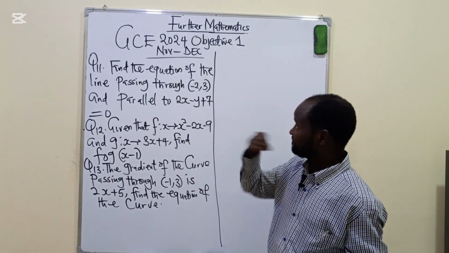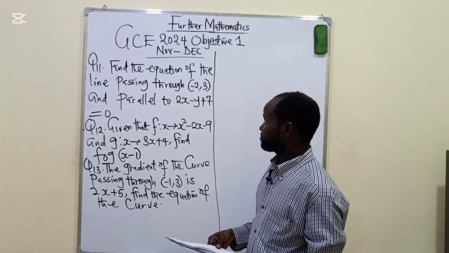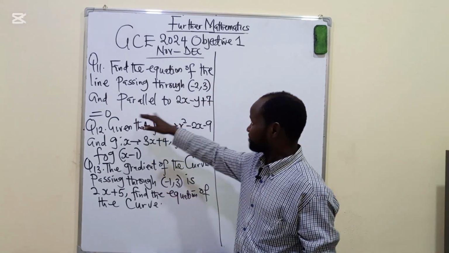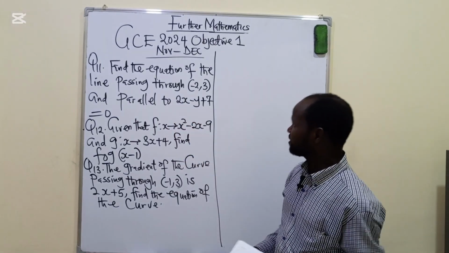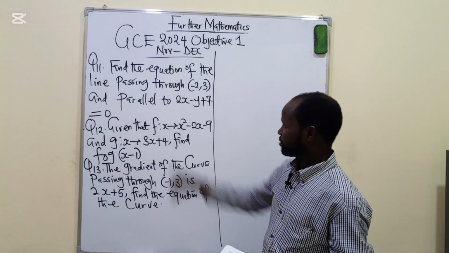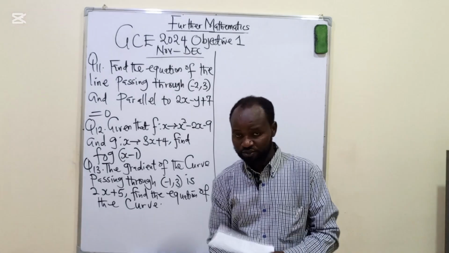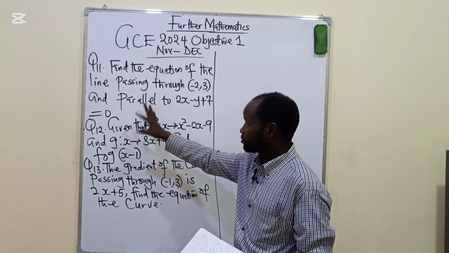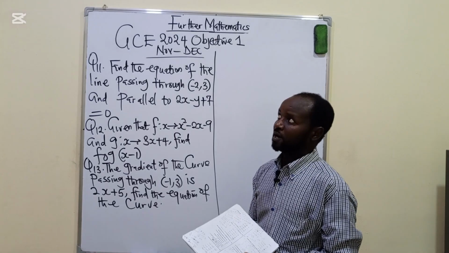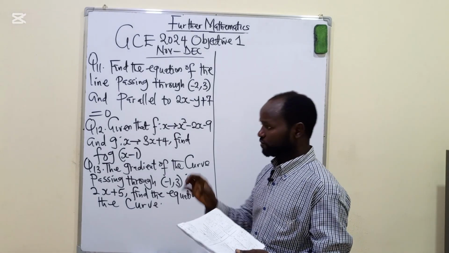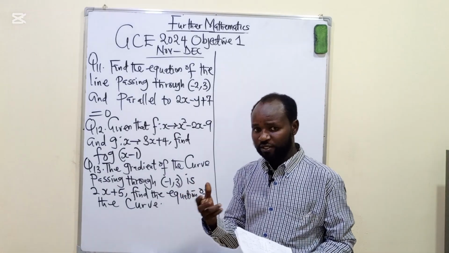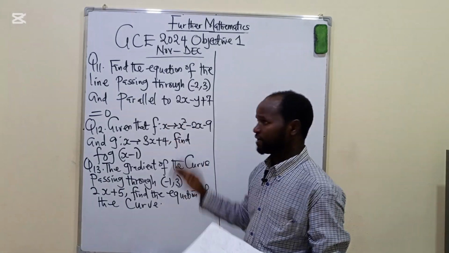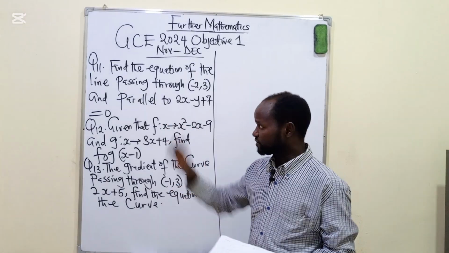Question 11 read, find the equation of the line passing through (-2, 3) and is parallel to 2x minus y plus 7 equals 0. This is from coordinate geometry, and this is under condition for parallelism. The gradients of two lines, M1 and M2, are parallel to each other if and only if M1 is equal to M2.